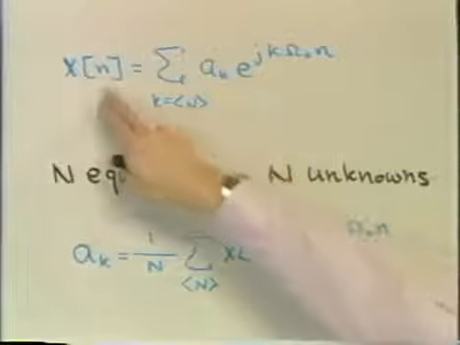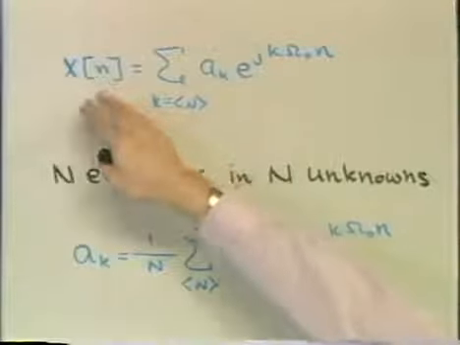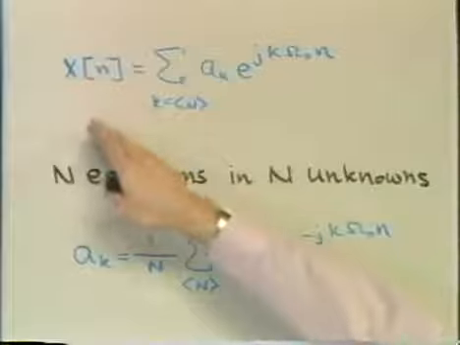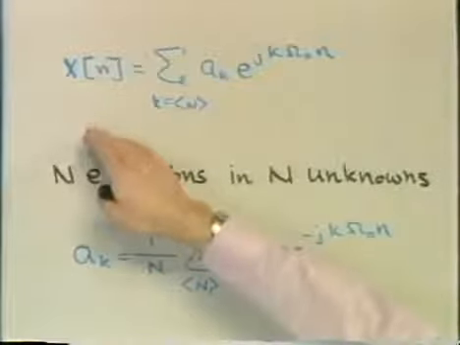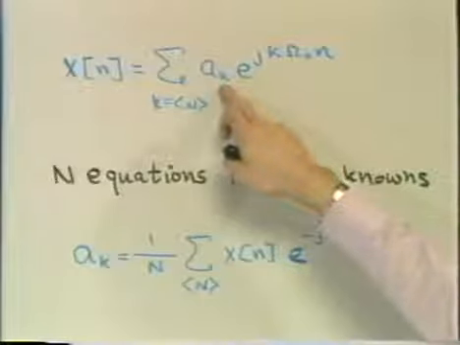In other words, we know x of n over a period, and so we know what the left-hand side of this is for capital N values, and we'd like to determine these constants a sub k.